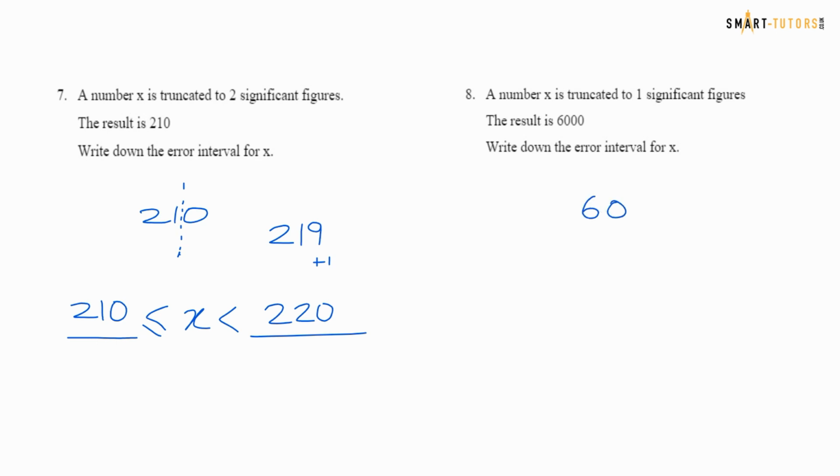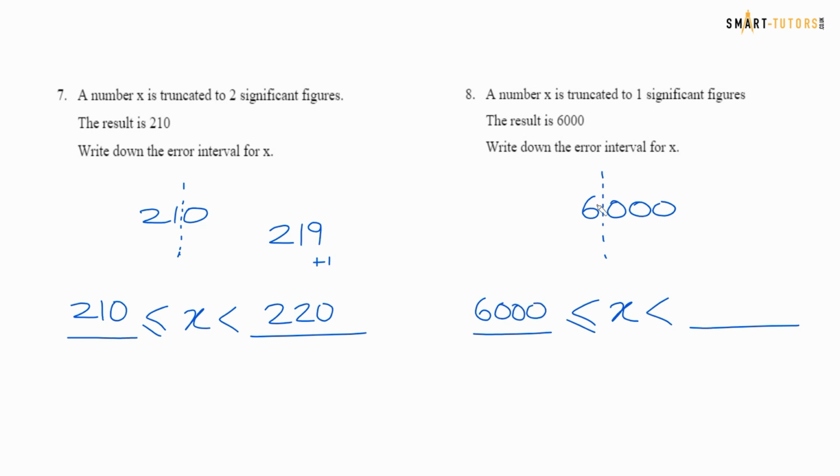Question number 8, a number x is truncated to one significant figure. The answer is 6000. So you draw the dotted line. One significant figure means significant starts from the very first number. So this is the one significant figure. You draw the x, and this is the minimum value and this is the maximum value. The minimum value, 000, is going to be 6000.